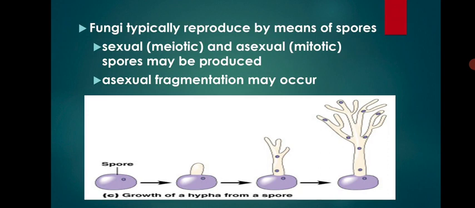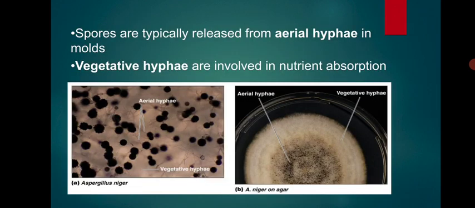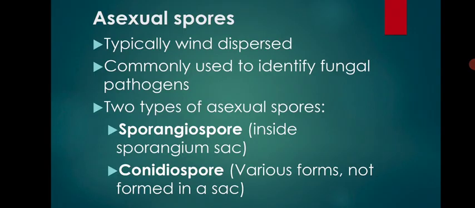Sexual meiotic and asexual mitotic spores may be produced. Asexual fragmentation may occur. Spores are typically released from the aerial hyphae in molds. Vegetative hyphae are involved in nutrient absorption. Asexual spores typically bind, disperse, and are commonly used in identifying fungal pathogens.